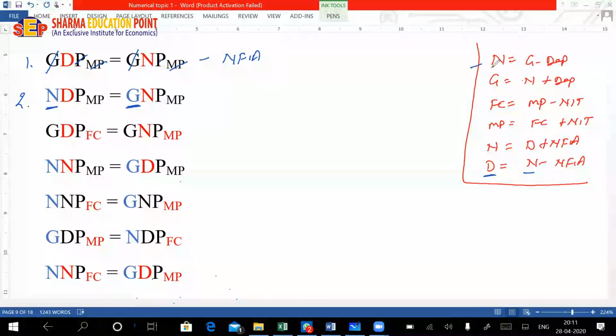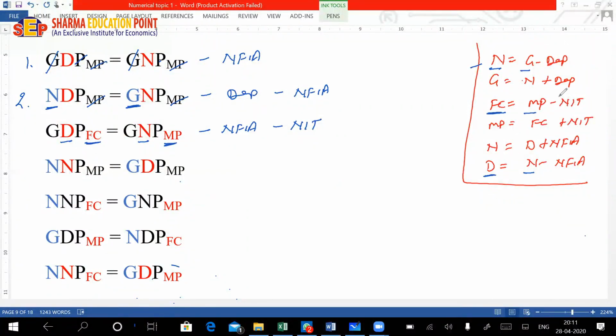Again you can see at the first point net gross, it is minus depreciation, so minus depreciation. And DN, domestic national, again minus NFIA. Now MP and MP cancel. G and G are common, domestic national, so domestic national minus NFIA, and FCMP minus NIT. Look at this FCMP, so here FCMP minus NIT.